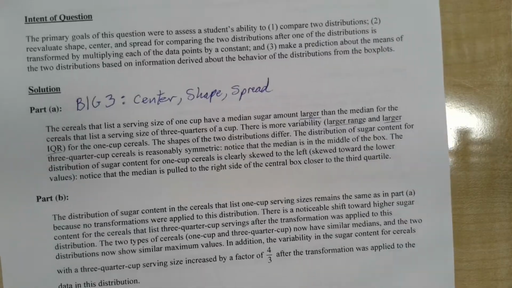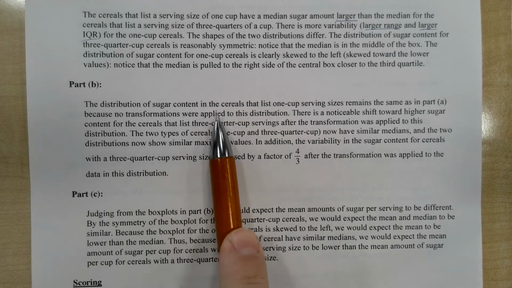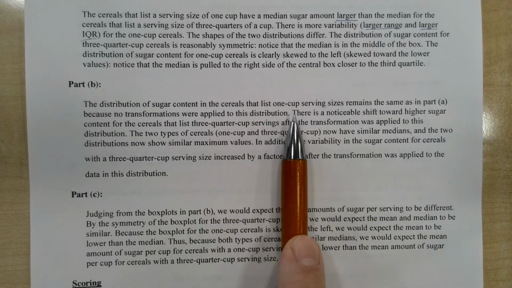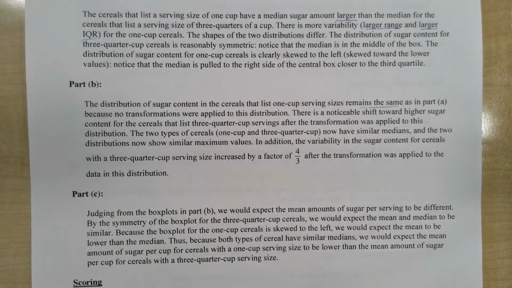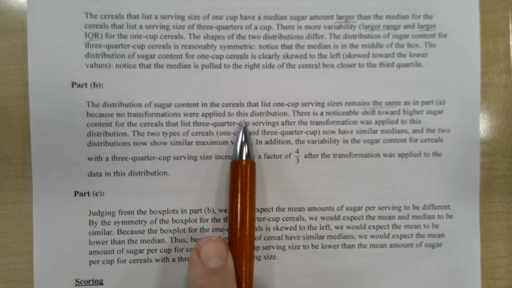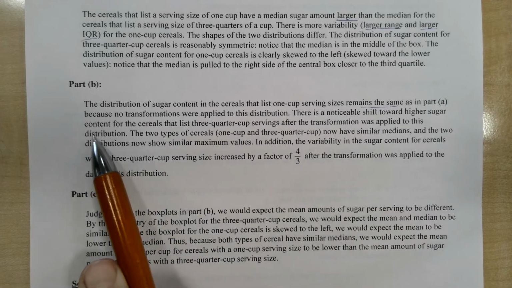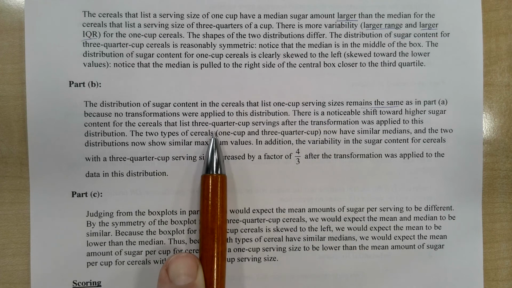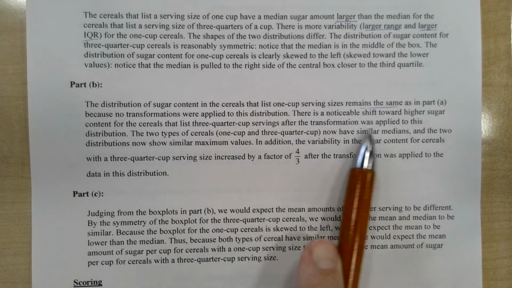So let's see what the scoring guide said. Distribution of sugar content in the cereals that list 1 cup serving sizes remains the same. So that really never changed, right? The first graph. No transformations were made to that. There's a noticeable shift towards the higher sugar content for the cereals that list 3/4 cup servings after the transformation was applied.